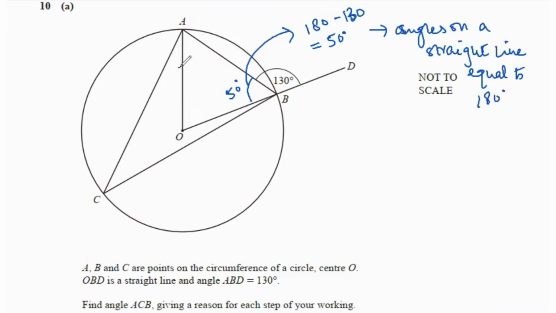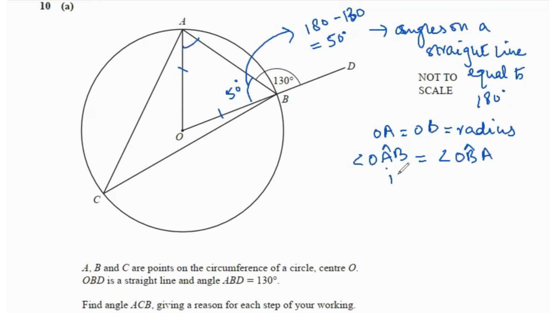So now OA and OB are equal because they're the radius of the circle. So if OA and OB are equal, that means angle OAB is going to be the same as angle OBA. So isosceles triangle.